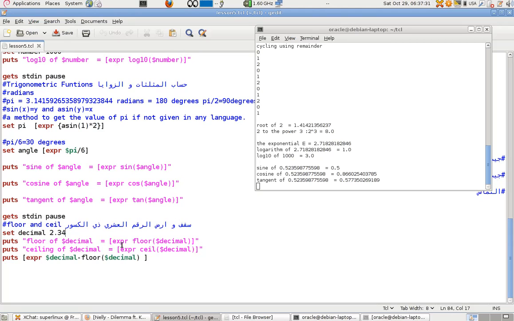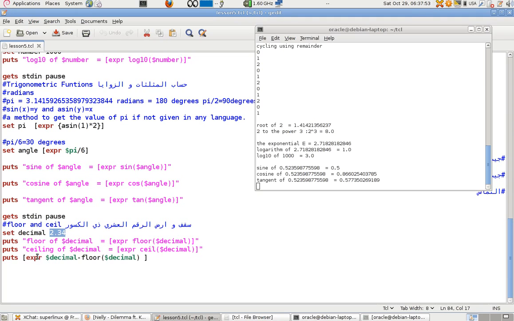So I use the command floor. It will give me 3. No, floor gives you the previous integer. Sorry, the previous integer. So if you have 2.34, the floor gives you the bottom line, which is 2.